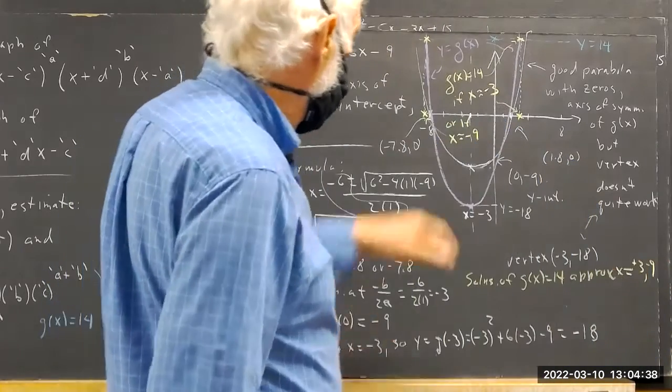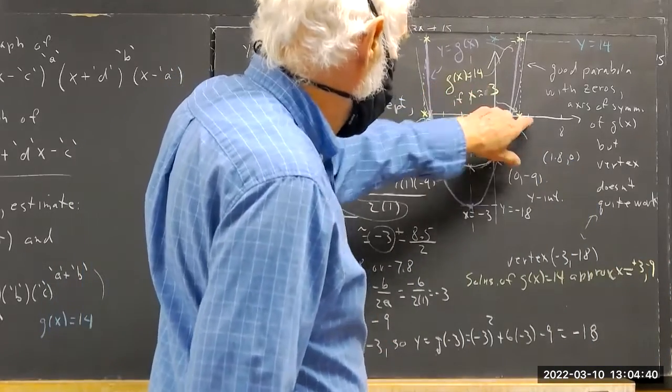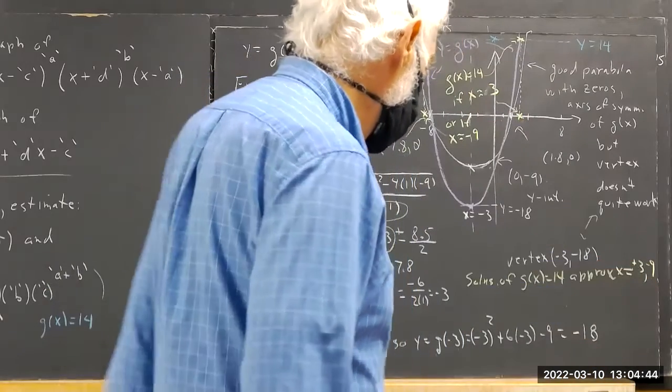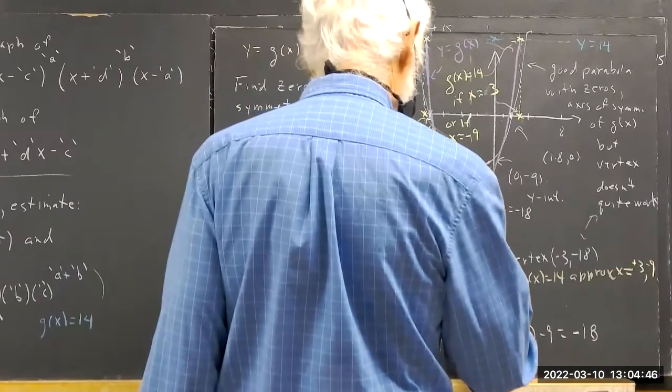And we get x equals, and that's not -3, that's obviously +3. Solutions are approximately +3 and -9.